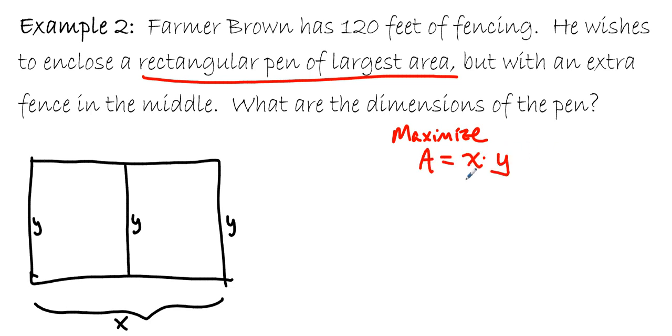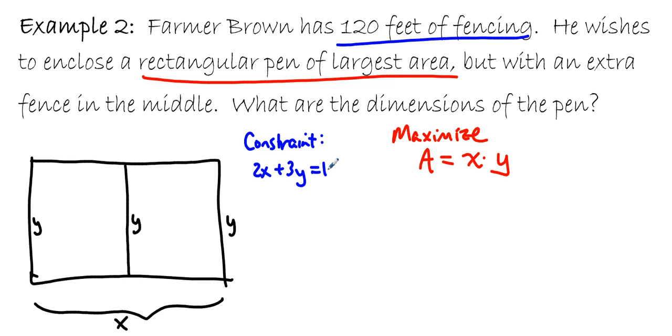But you're thinking, I don't know how to take the derivative of something with two variables in it. Well, that's true. You don't. So let's look and see if there's a constraint that can help us. The constraint is that there are 120 feet of fencing, which means that 2x's plus 3y's is 120.